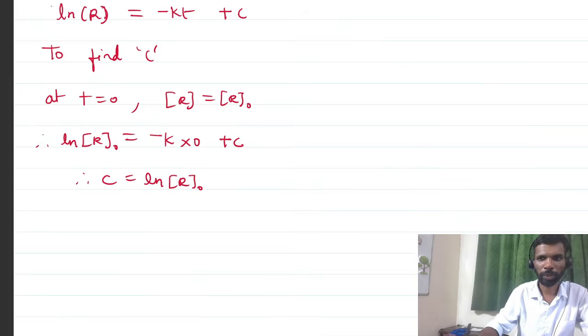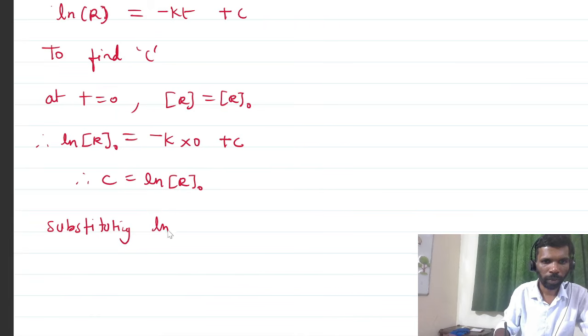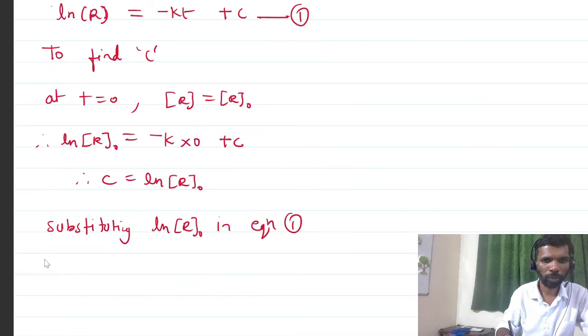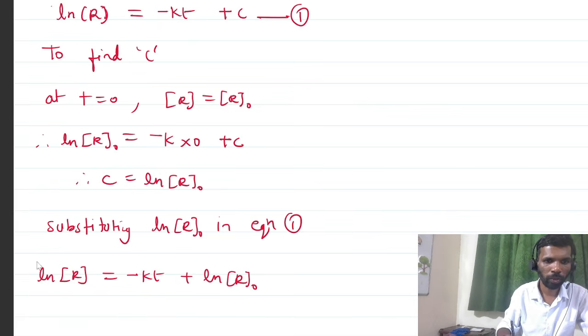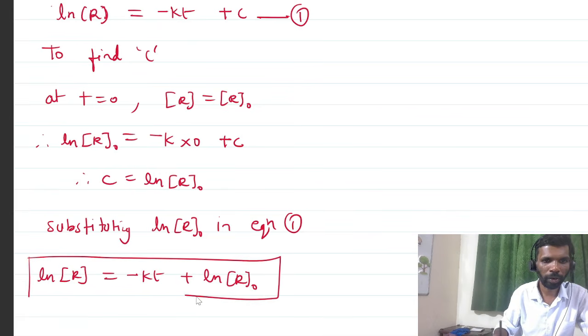So substituting ln of R0 in equation 1, what do you get? This will be ln of R is equal to minus Kt plus ln of R0. And this is your integrated rate law expression.